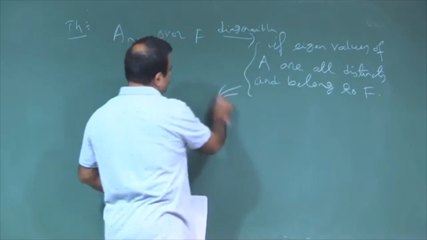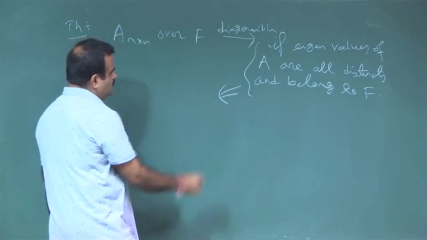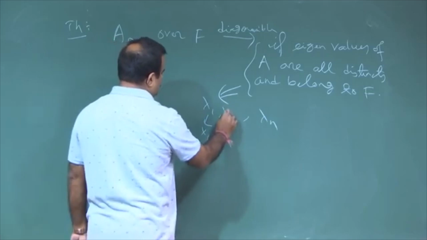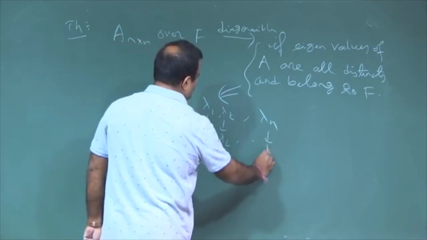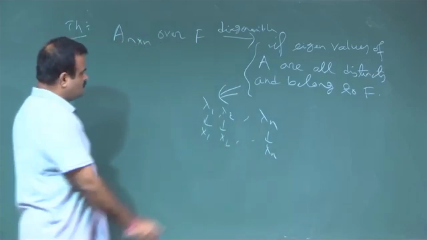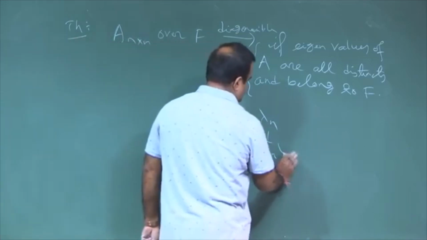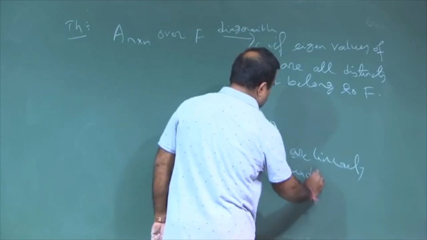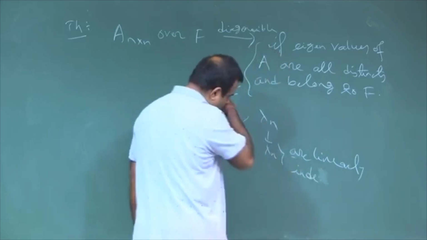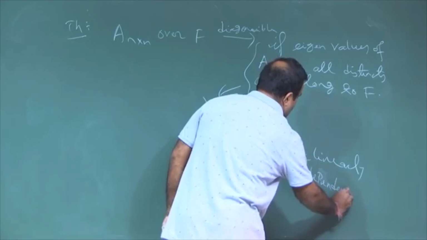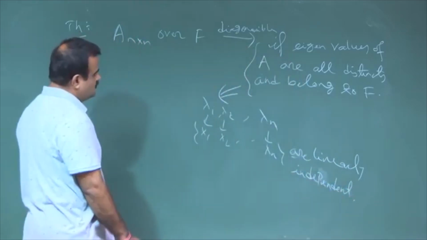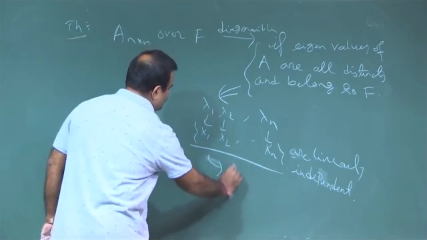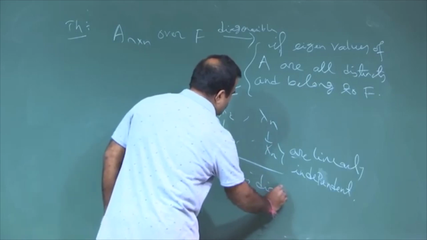If we have n eigenvalues lambda 1, lambda 2, and so on that are distinct, then, as we have seen in a previous result, the corresponding eigenvectors form a linearly independent set of vectors. Once we get a linearly independent set of vectors, this implies A is diagonalizable.